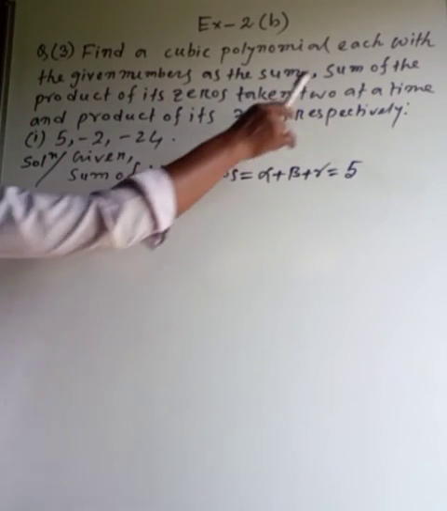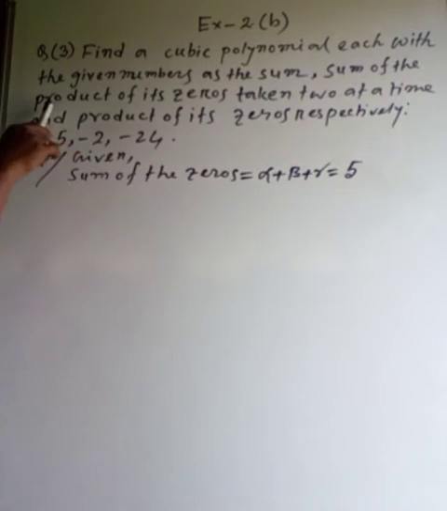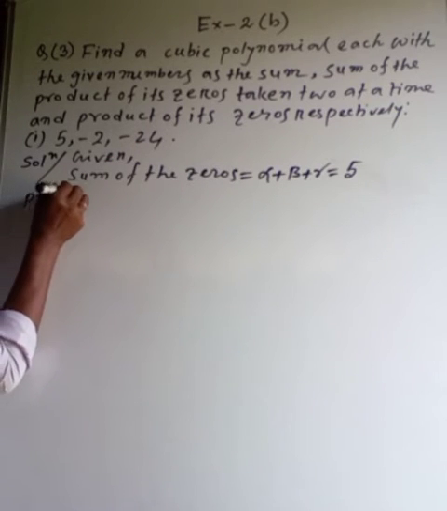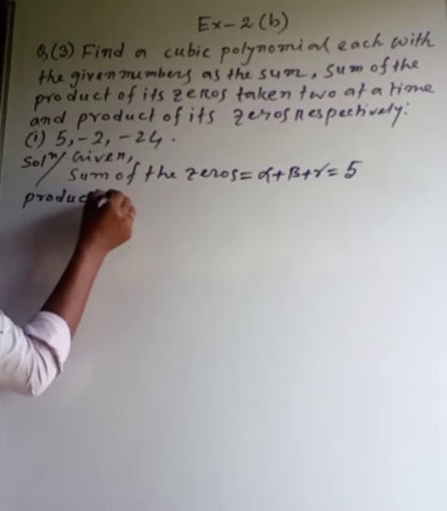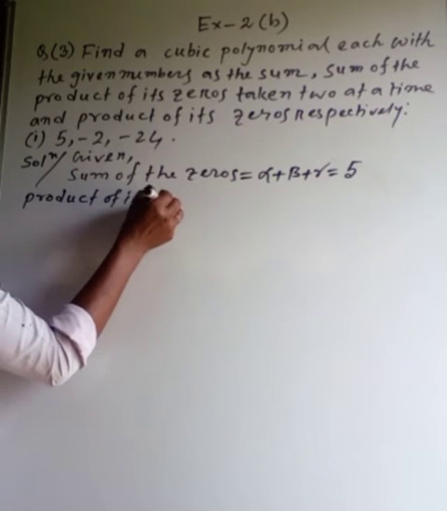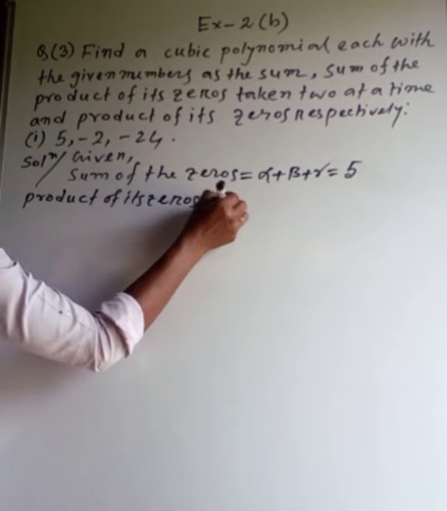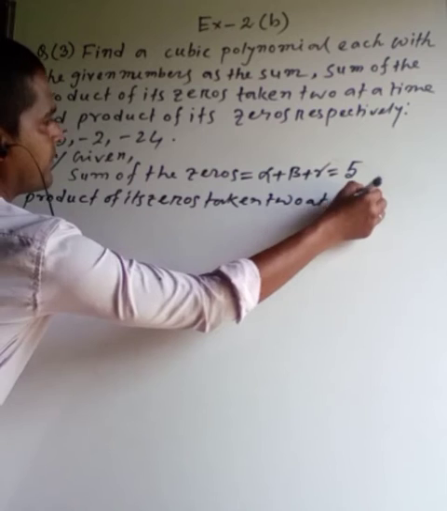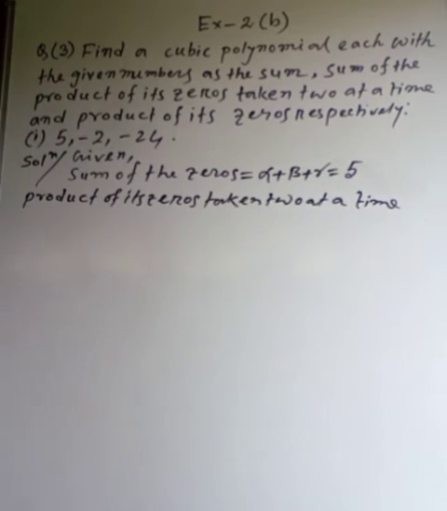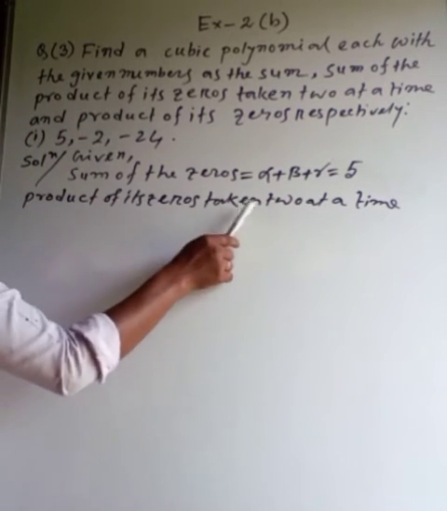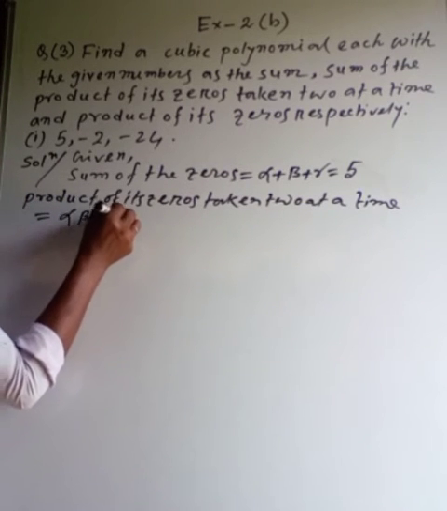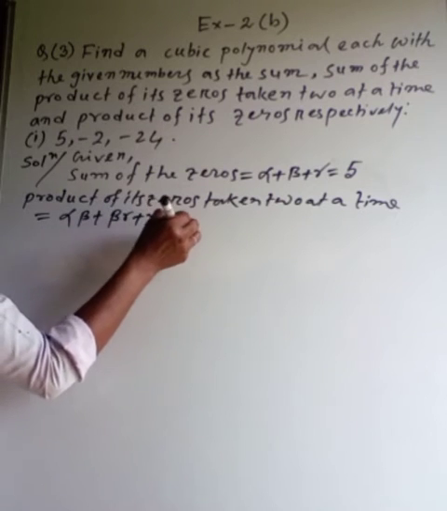Second part of the question, sum of the product of its zeros taken two at a time. So we can write, product of its zeros taken two at a time is equal to alpha beta plus beta gamma plus gamma alpha.